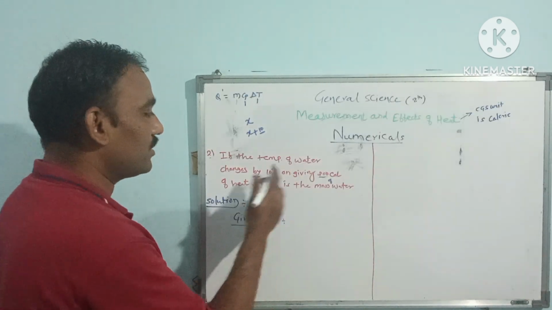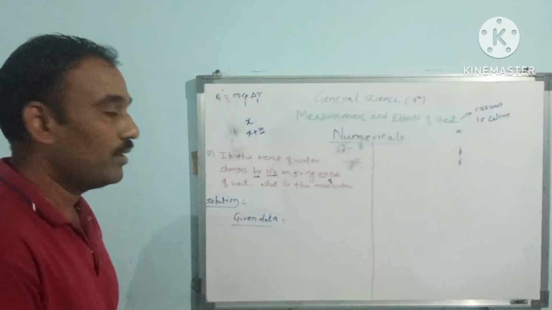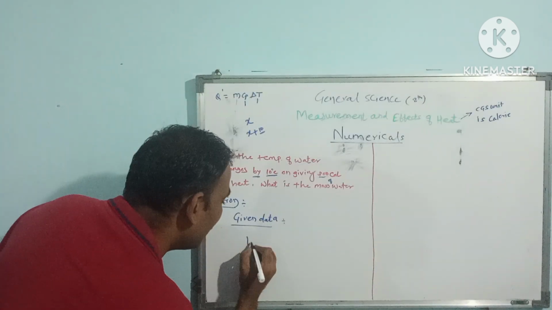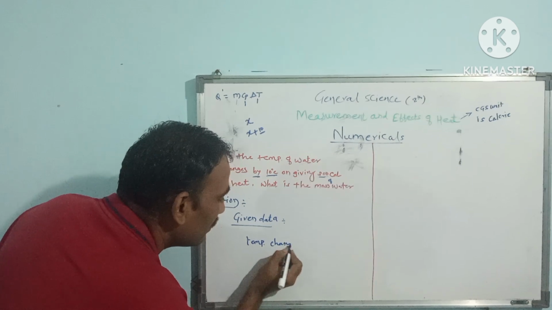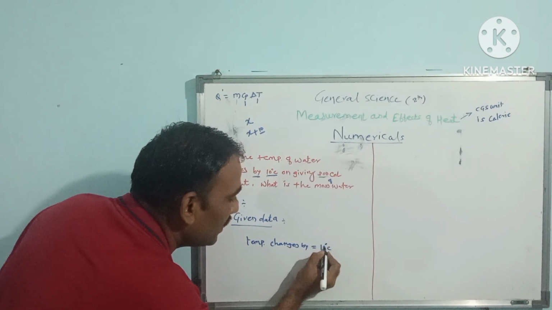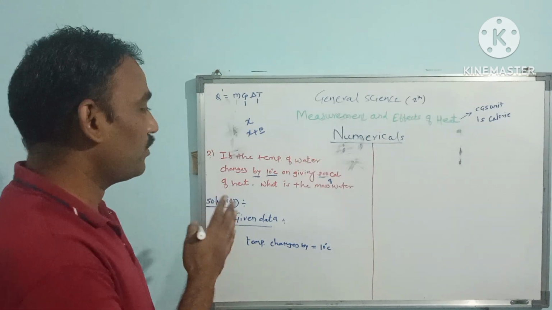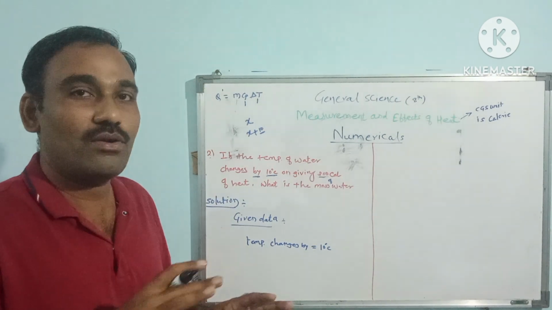The very first data or input is 10 degrees Celsius. The temperature changes by 10 degrees Celsius. It means in this particular problem, both initial as well as final temperatures are not given.